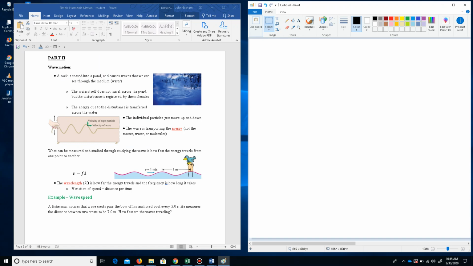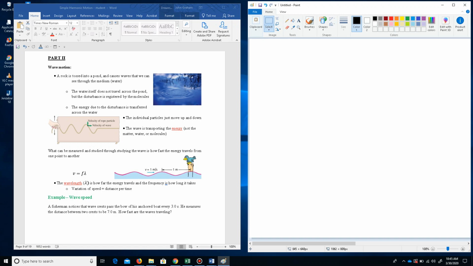And so the energy is transported across the water in all directions, and we see this wave pattern as that energy moves across the water.